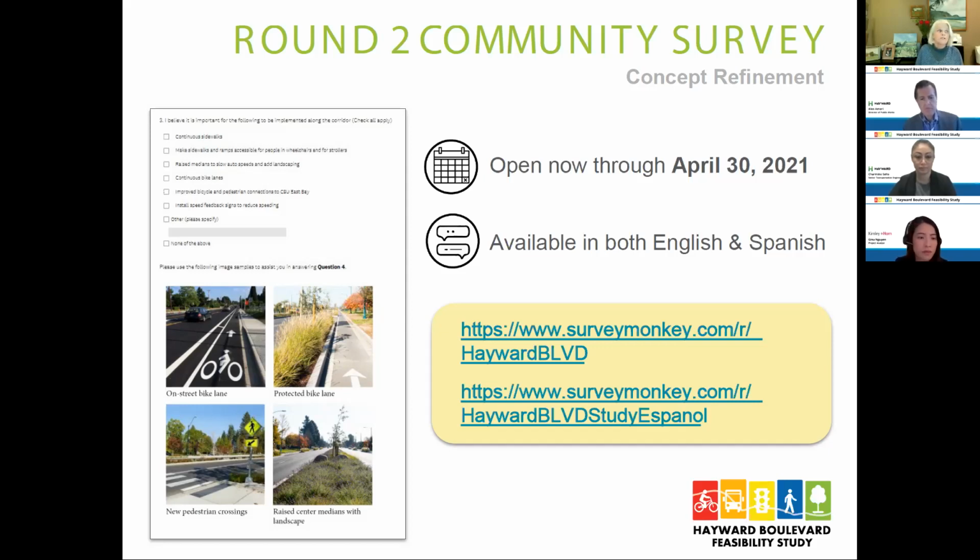So the first question is from Karen Wilson, the property manager for University Hill HOA. She has a long frontage along Hayward Boulevard. They're planning some landscaping and want to know who we would work with to be sure the plans match up. I'll go ahead and take that one, Linda.